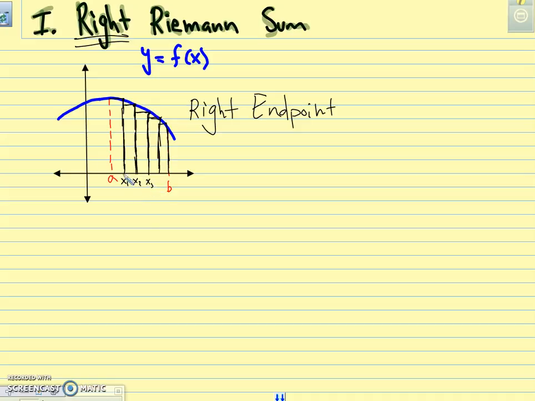So obviously this is the x-axis, this is the y-axis, or f of x. I'm going to call this x1, x2, x3, x4. So let's look at this first rectangle. I can find the area of this first rectangle by using area equals base times height.